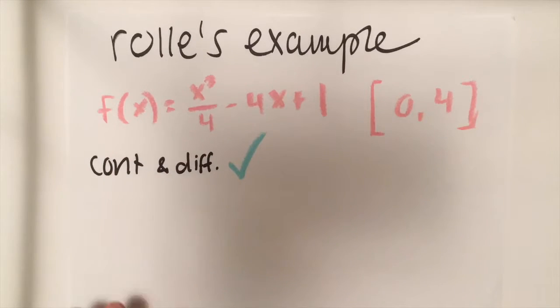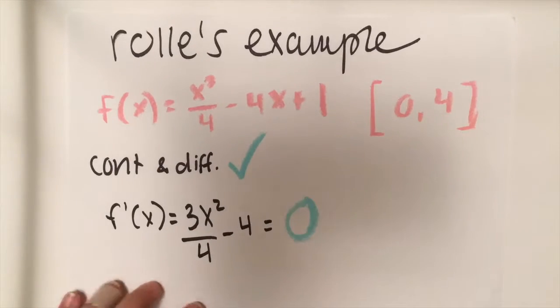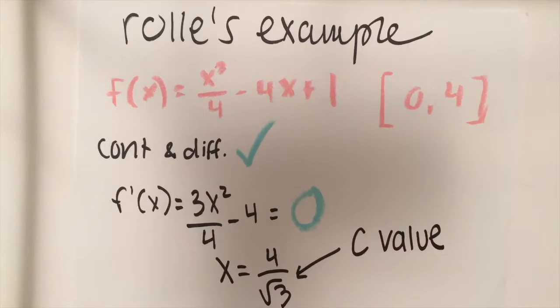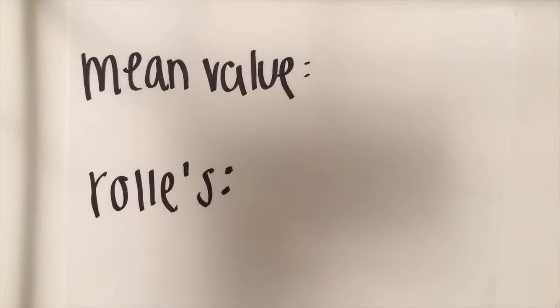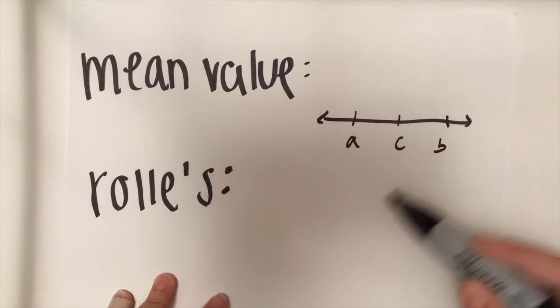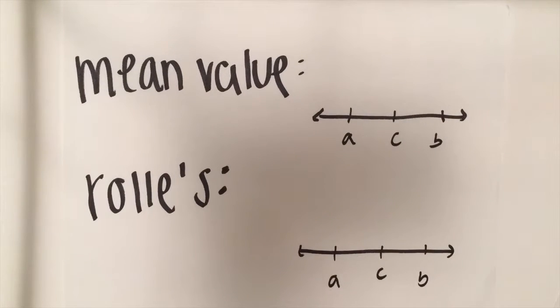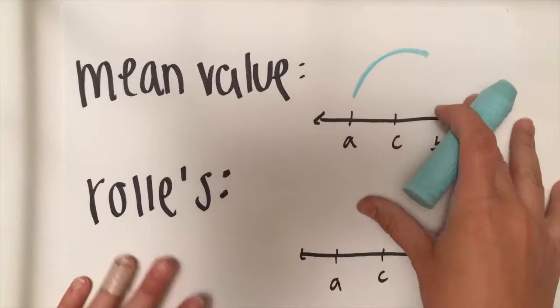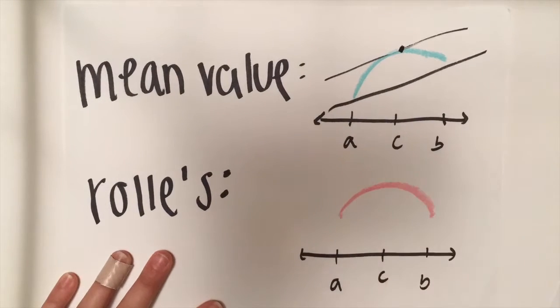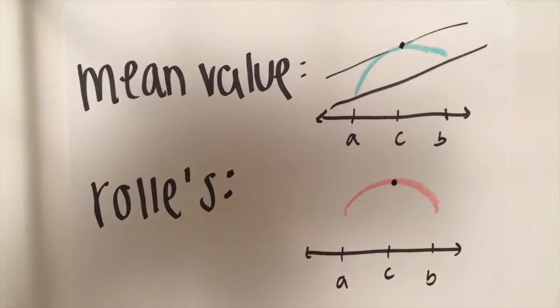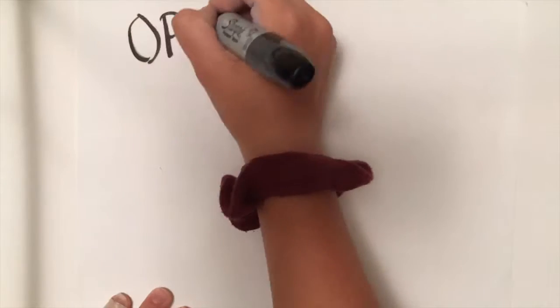So, we know that the derivative is equal to 0 at some point on the interval, and we can solve for that c value. Let's highlight the differences between mean value and Rolle's. Mean value says that there is a value c that is the average rate of change of the function on the interval. Meanwhile, Rolle's says that if f of a is equal to f of b on the interval a to b, then there is a value c whose derivative is equal to 0.